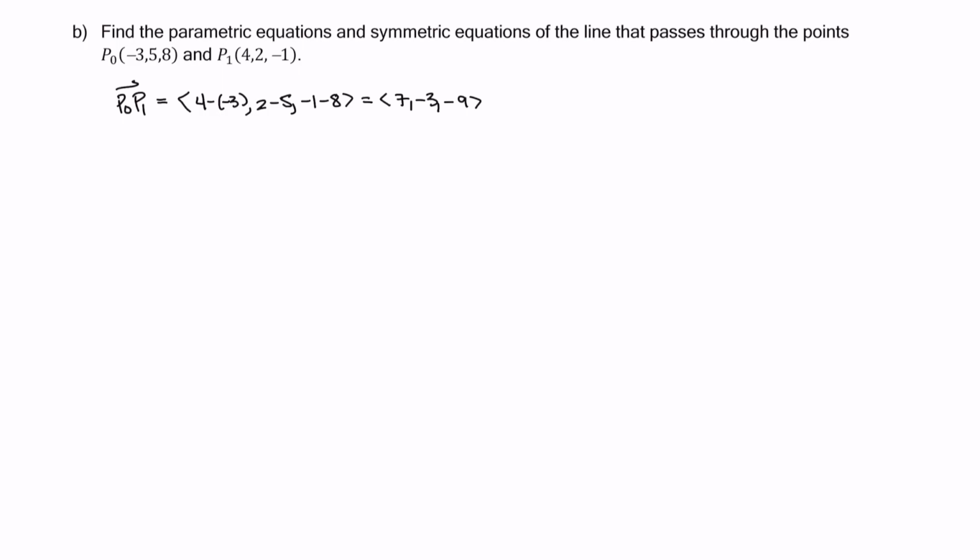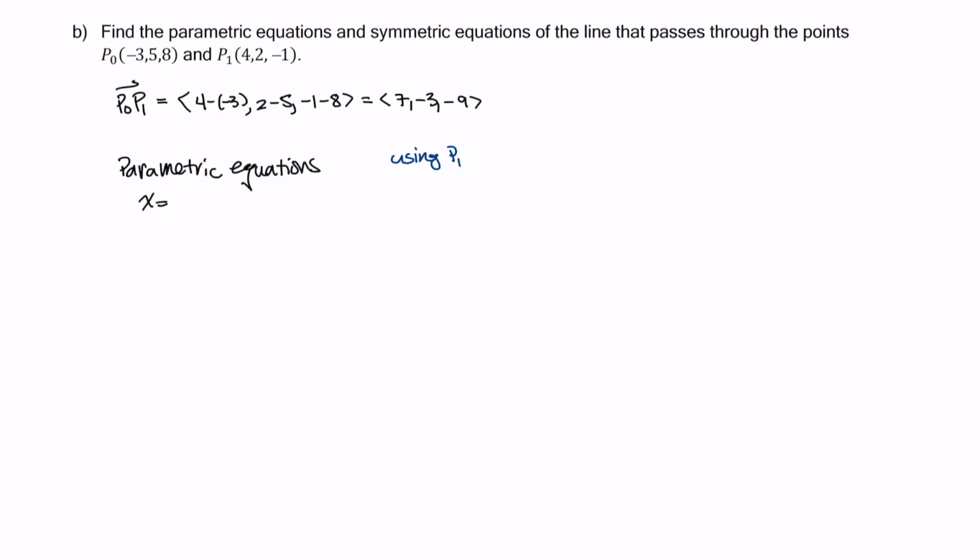So I'm going to use point P1, and let's start by actually labeling these the parametric. So the parametric equations have an x component of x equals negative 3 plus, I was looking at this point, and I said I would use point P1. So let me specify that. And you can use either point, and you'll get an equation that works.